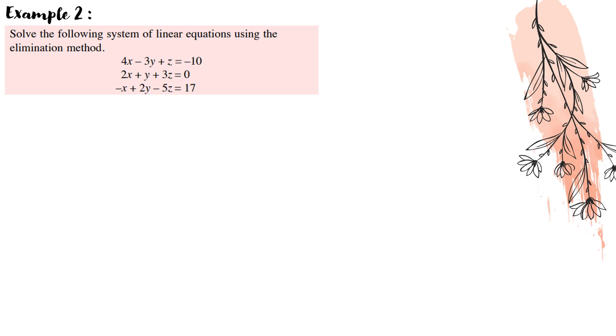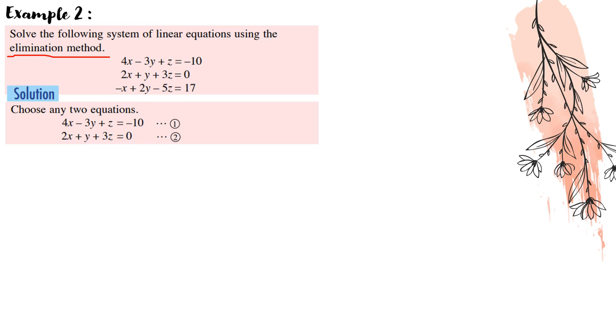Okay, solve the following system of linear equations using the elimination method. So now we have three equations here: first one, second one, and third one. Solution: choose any two equations first. So let's say this is equation number 1 and this is equation number 2.